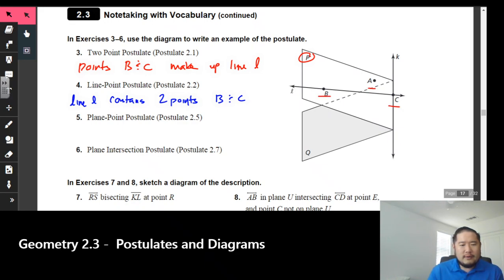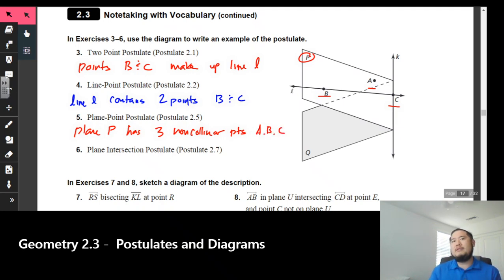So we can say plane P has, remember, it's got to be 3 non-collinear points, and those points are A, B, and C. Remember, if they're collinear, then it just happens to be a line, not a plane. Okay, so once again, 3 non-collinear points.